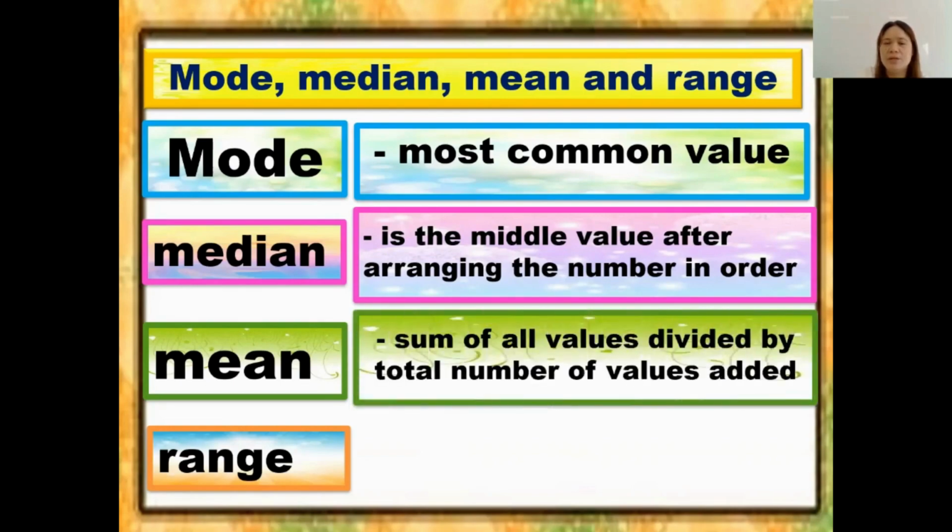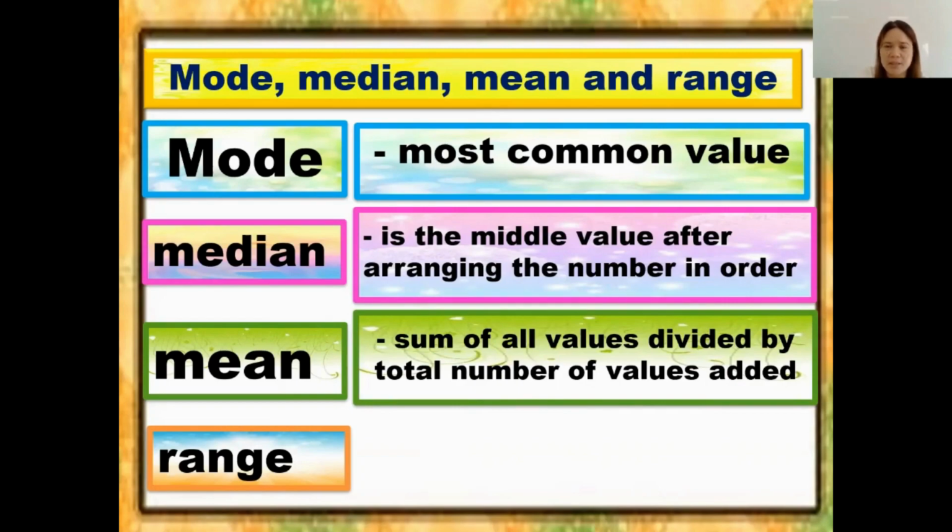And mean, you are going to find the sum of all the values and then divide it by the total number of values you have added. Again, if you have all the data, you simply add all of them and divide by how many numbers you have added.